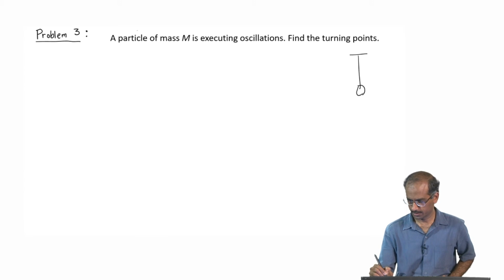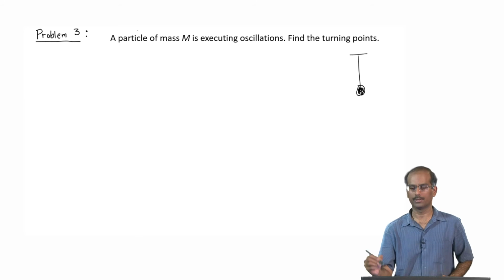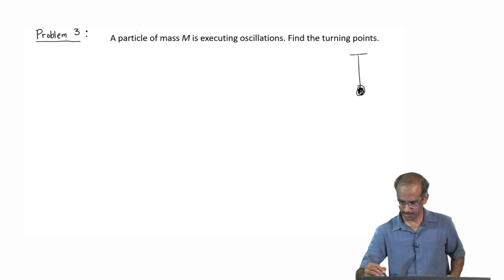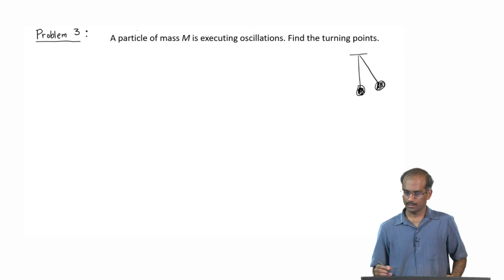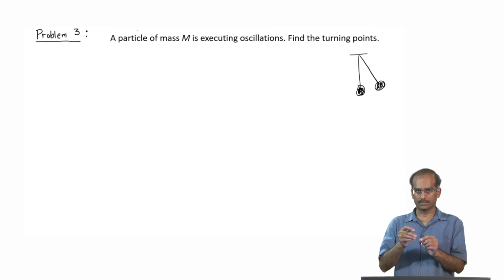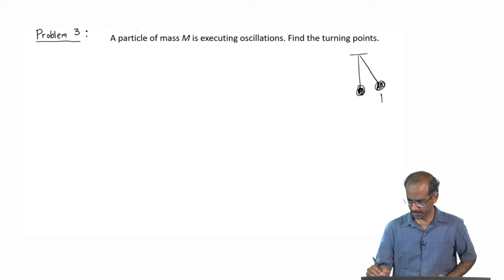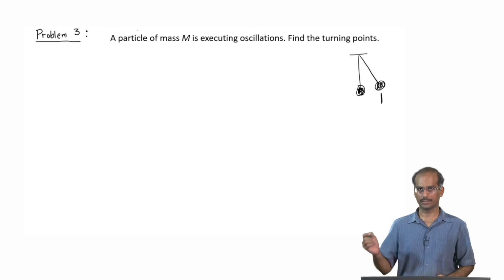This is its normal equilibrium position, and when you give it a push, it starts from the equilibrium position, goes to one end and turns back. This position where it turns back is called the turning point.